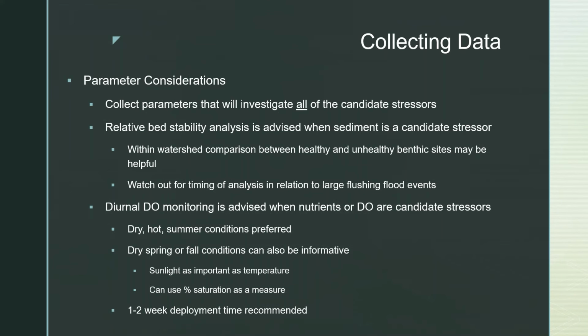And so you might be able to pick up those large daily dissolved oxygen swings at that time. And you can also use percent saturation as a measure. During the spring, when temperatures are maybe a little cooler, you may not see dissolved oxygen dip that low in terms of milligrams per liter, but you may see it in terms of percent saturation. It might dip low.